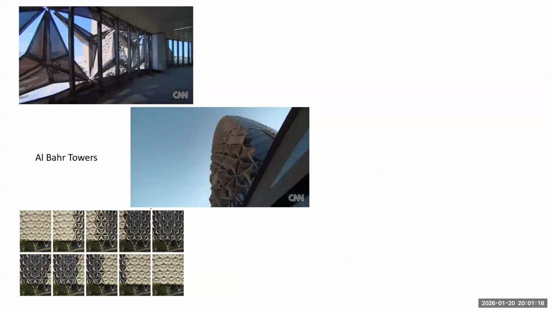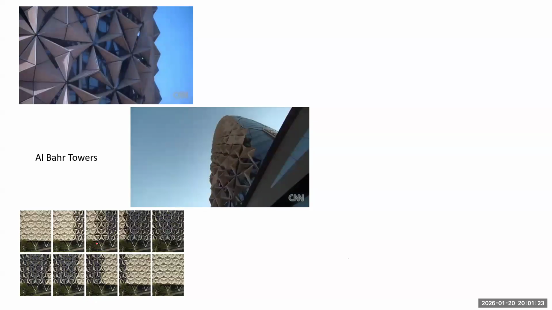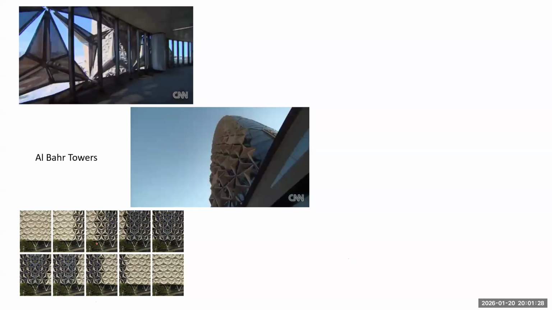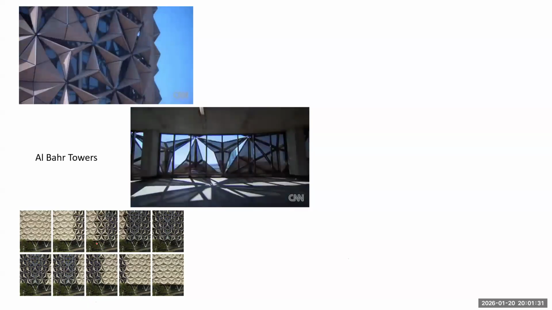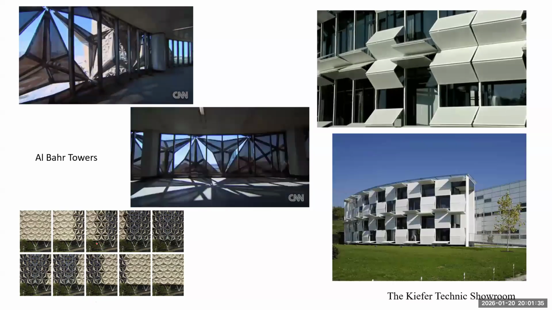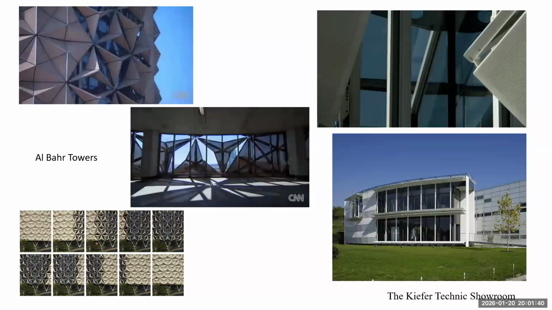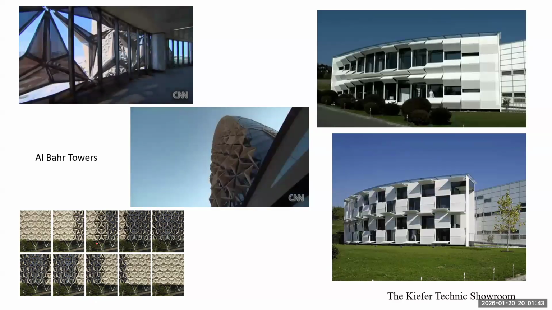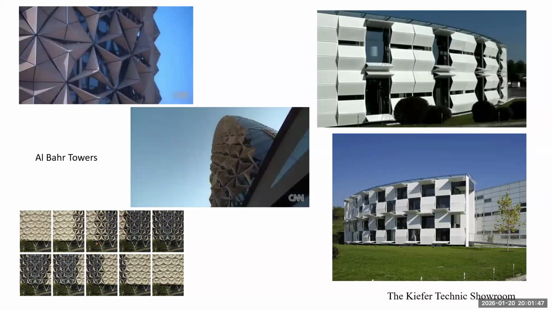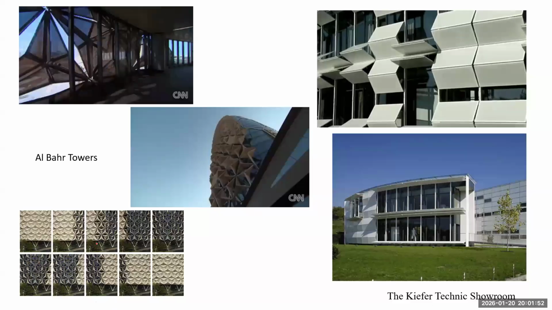Al Bahar Towers, we can see they have 10 dynamic strategies to control the sun directions, etc., to make their envelope dynamic. I think this is very common, especially in Germany, because the last time I visited one university in Germany, they just use glass and steel structure as the main structure.